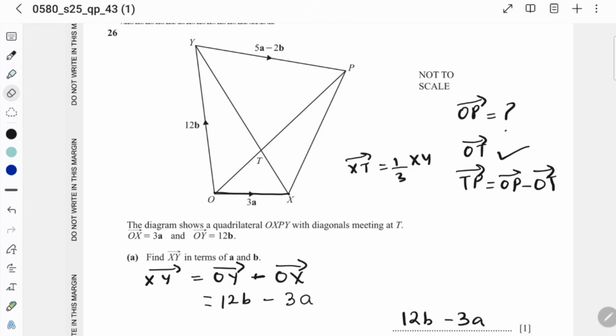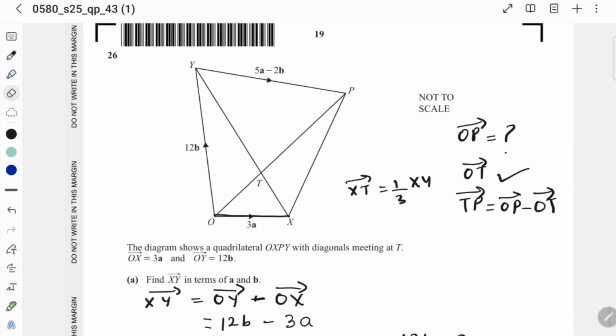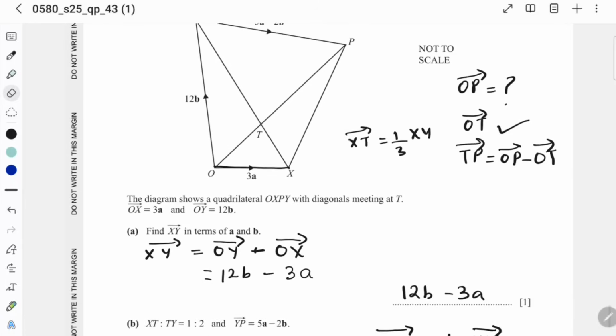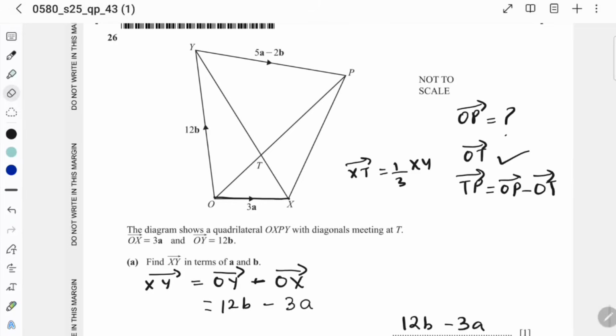Then we'll easily find out this ratio. First of all, we have to take out OP. OP is equal to OY plus YP, because we know how much these are. OY is 12b and YP is 5a minus 2b.